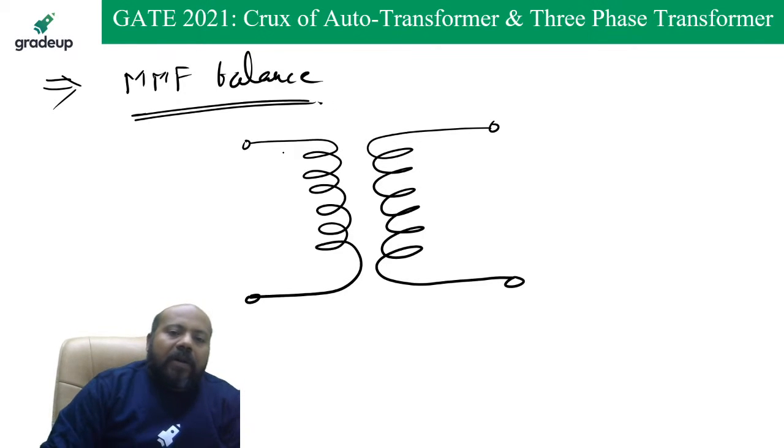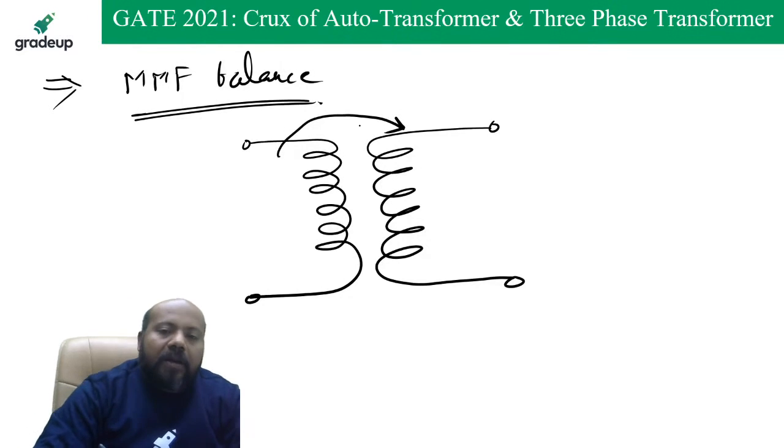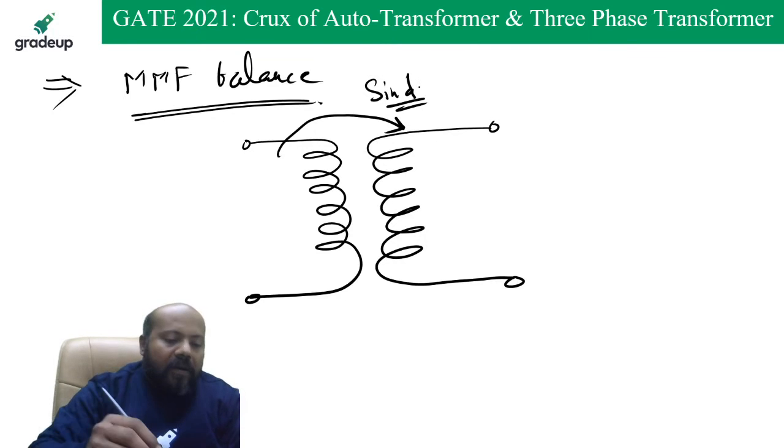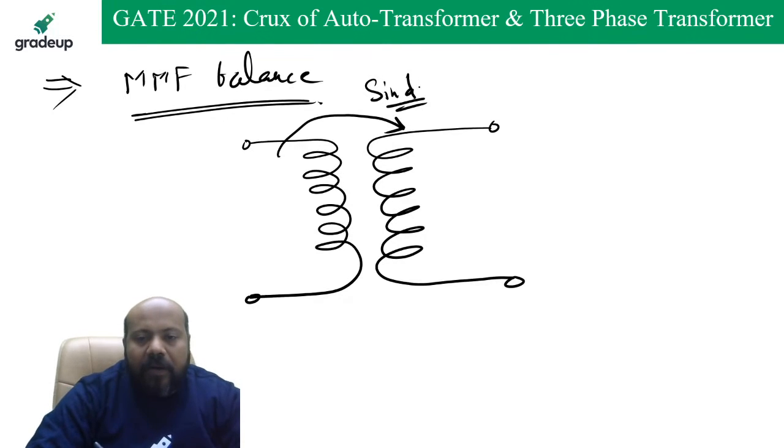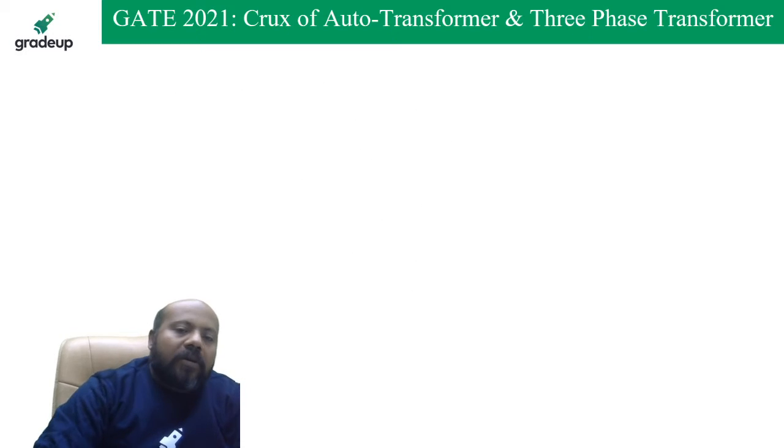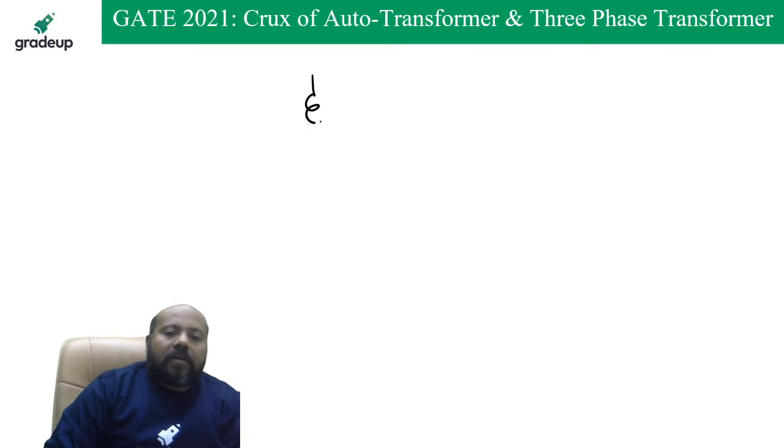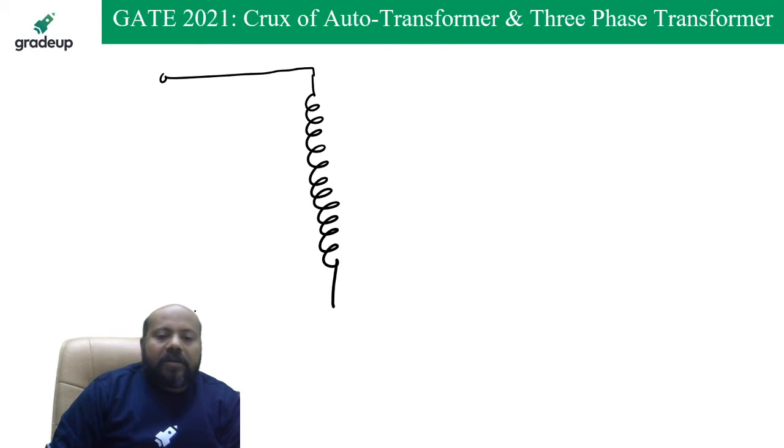So whatever power is being transferred from the primary circuit to the secondary circuit is the inductively transformed power. But when you see the auto transformer, there is a direct connection between the primary and secondary side if you take this type of circuit construction.